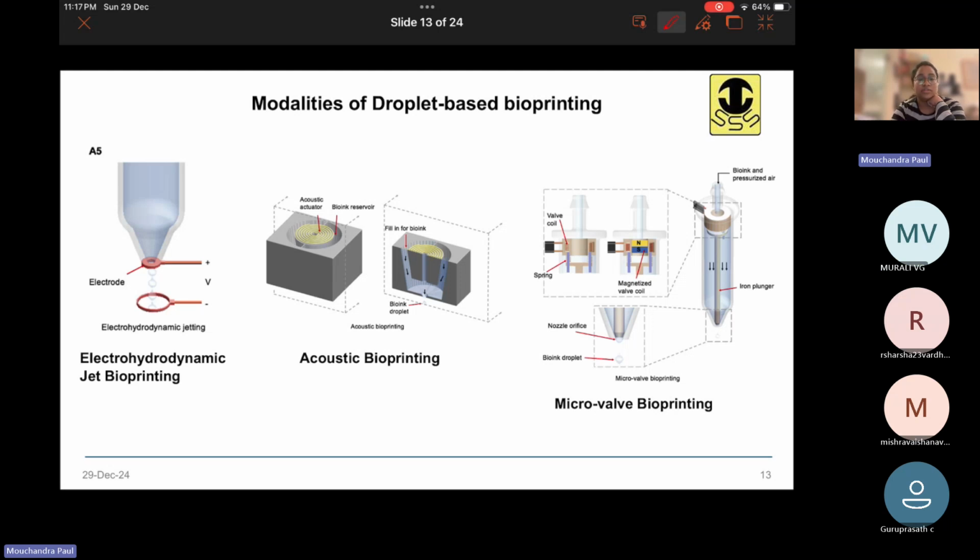As the plunger moves down, it blocks. So you can use, in this case, more viscous solutions as well. But the resolution of the bioprinting becomes less. The droplets that you will get will be a bit larger in size, like 100 microns or more. So these are all different types of droplet-based bioprinting methods that we looked at.